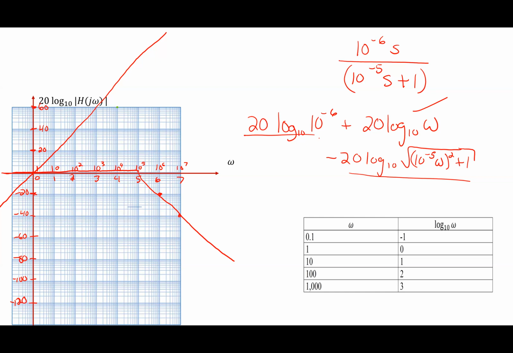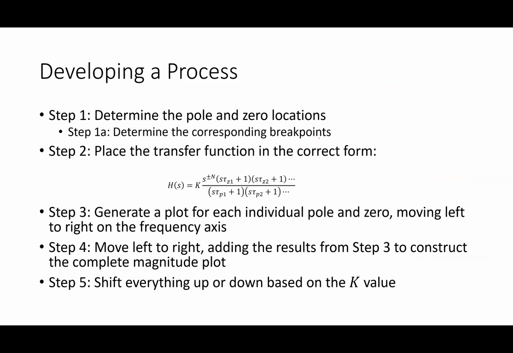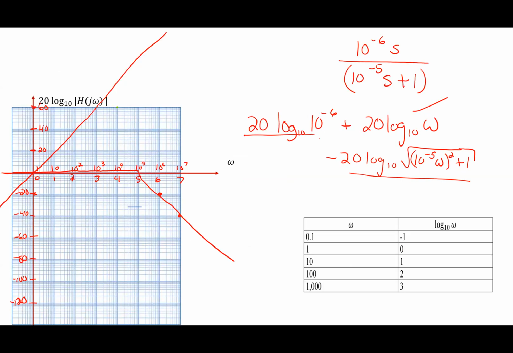All right. Now, how do I add them up? I made a statement here that when I add them up, I move from left to right, adding the results from step 3 at each frequency. So if I look at this, where's left? Well, left is all the way at the left edge. Okay, so let's start right here.